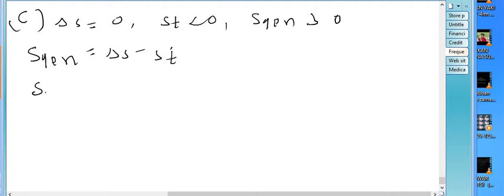So the entropy generated is equal to the entropy change, which is 0, minus the entropy transfer, which is less than 0.